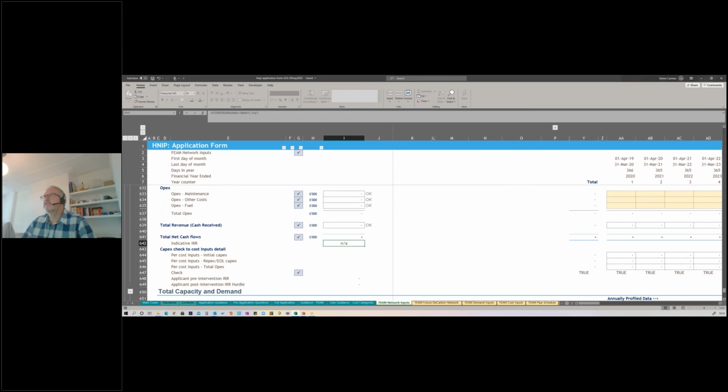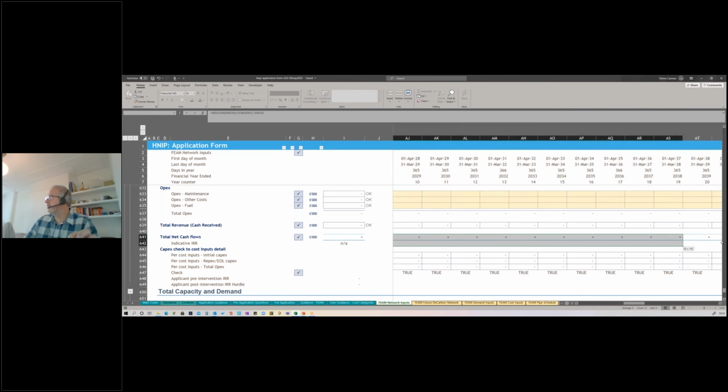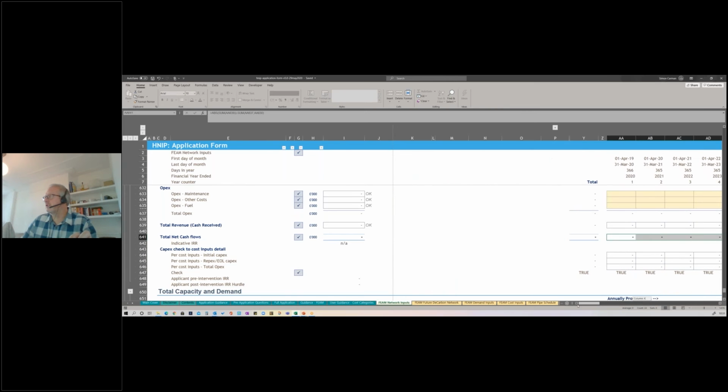So this is an internal rate of return calculation. This is calculating the internal rate of return of the net cash flows that are in this row for the first 40 years, and that gives you your pre-intervention IRR. So that's where you check to make sure that that's above zero.